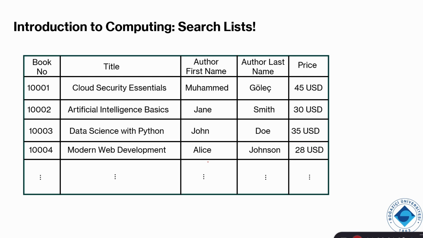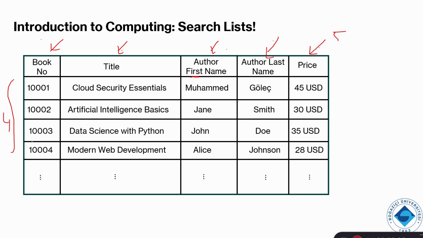Also, we have an example here for a list of books. Let's say we have 4 books in our list with attributes like book number, title, author first name, author last name, and price. So 5 attributes and 4 books.